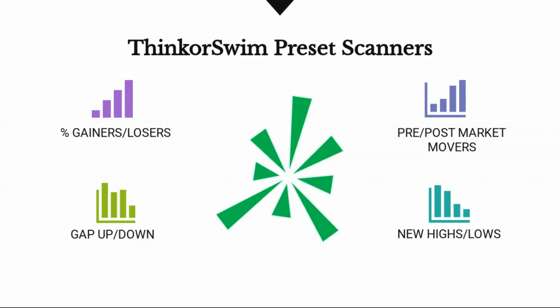But for the most part, pre and post market movers are going to pick up the stocks with the major news titles or the major news catalysts for the day. It also shows you, by volume, how much each stock has in volume, whether in pre or post market. And again, the new highs and lows, those are something that you can add in your custom built scanners, in accordance with the other specific ranges you want to add on to.